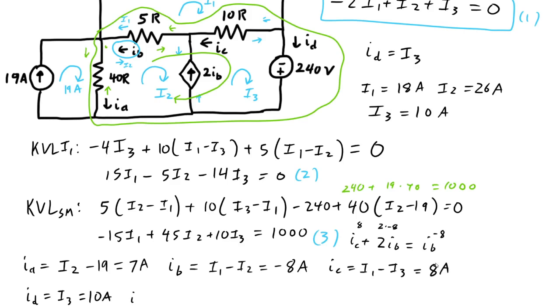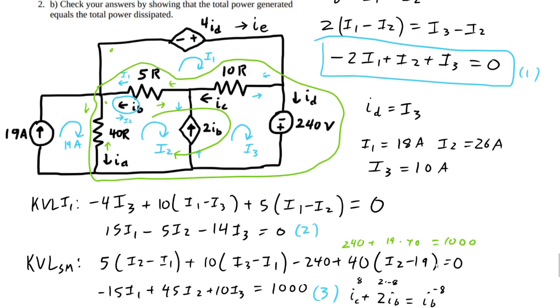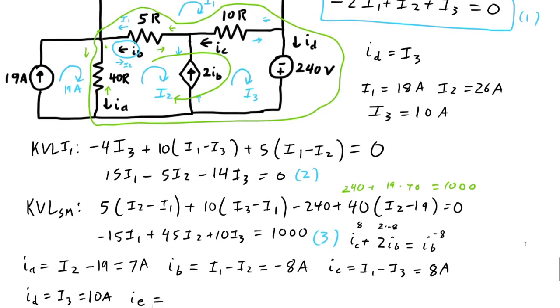And then finally, IE. This one is going to be I1, pretty sure. Let me double check it though. So we have IE going in, ID and IC leaving. IC plus ID.